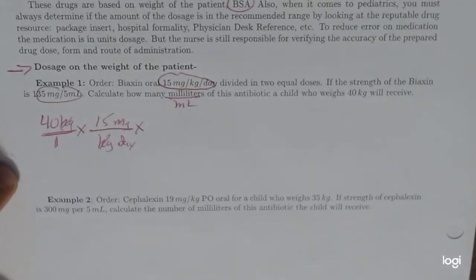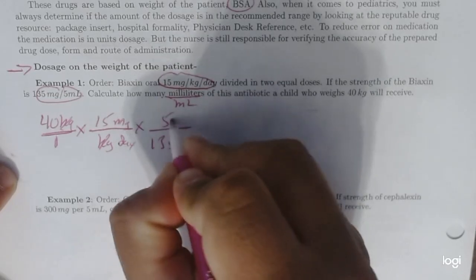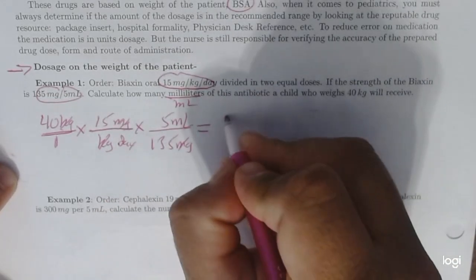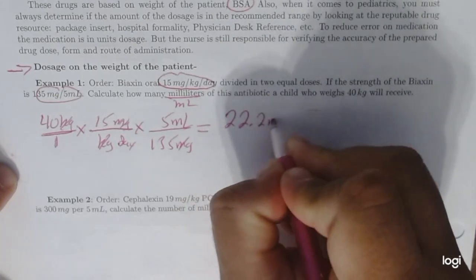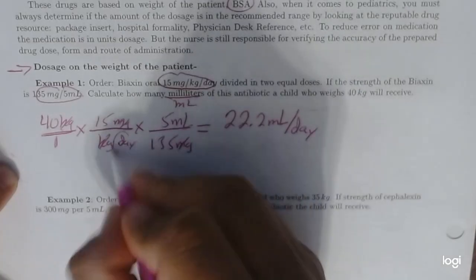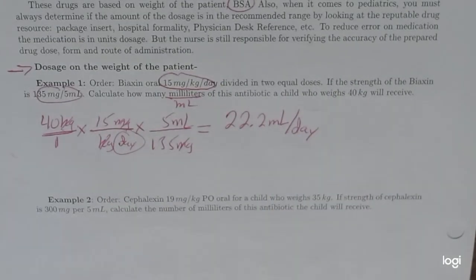Strength is milligrams over milliliters. So we know there's 135 milligrams for every 5 milliliters of this drug, and that's how we get milliliters. Multiplying out, we get 22.2 milliliters per day. Now remember, it's still per day because the day did not cancel.